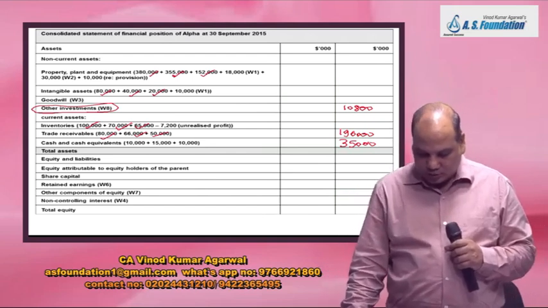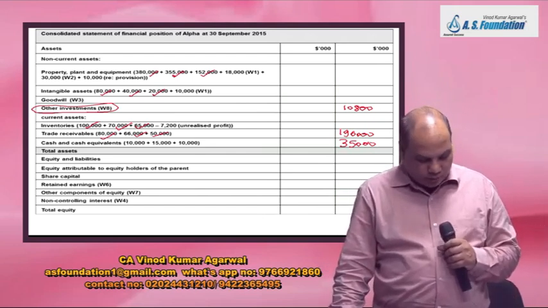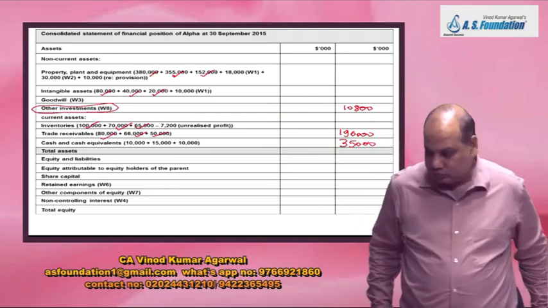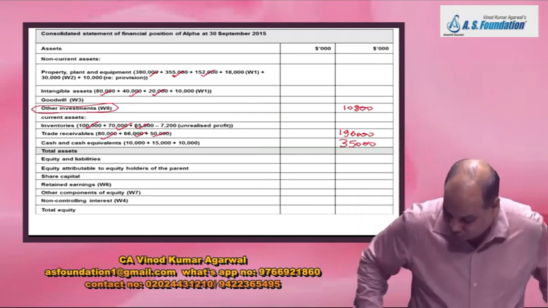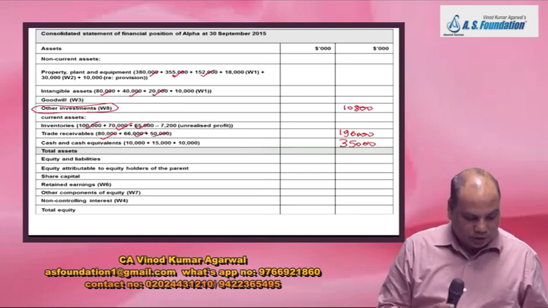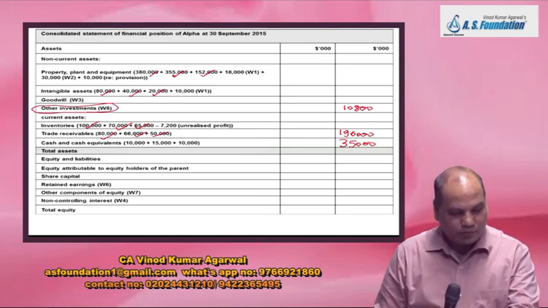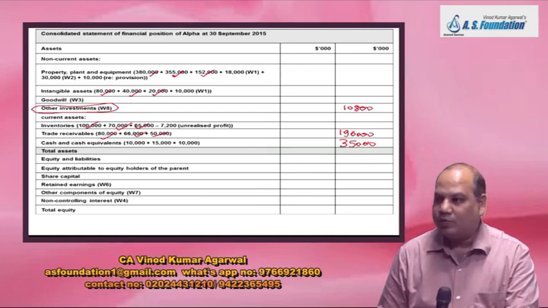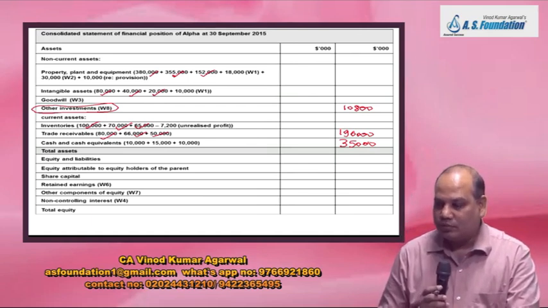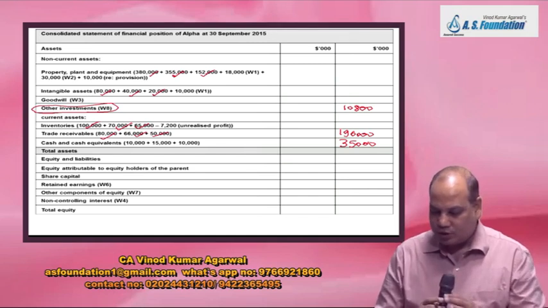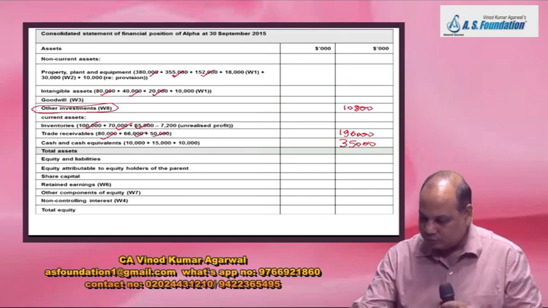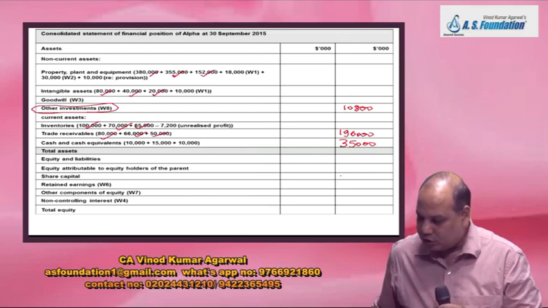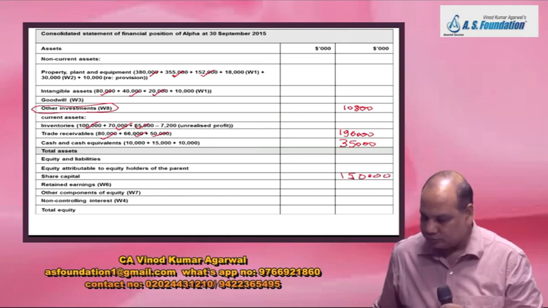Equity and liabilities, share capital. Parent company share capital will come in the balance sheet. You have to check whether this issue of share has already been incorporated in balance sheet or not. Yes. So write down as it is 1,50,000. If it is not incorporated, like the previous problem, then you will have to add.